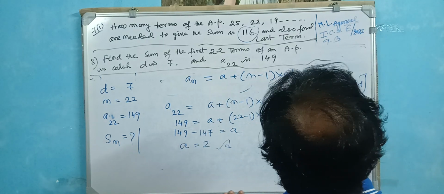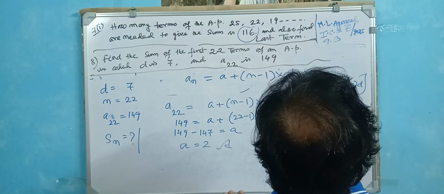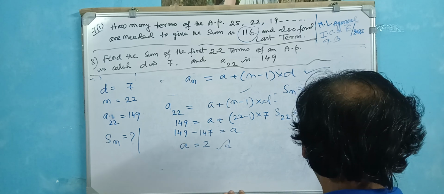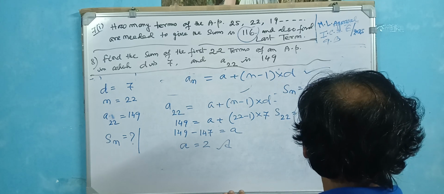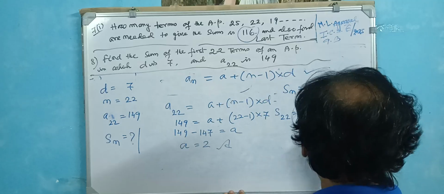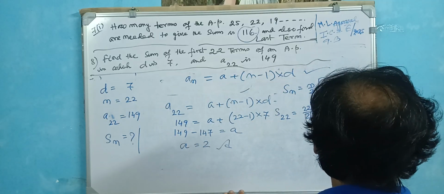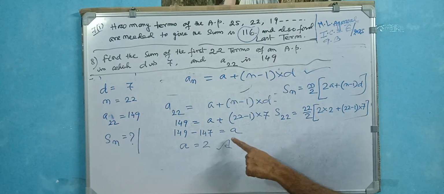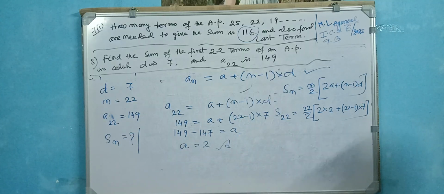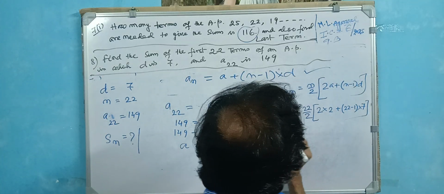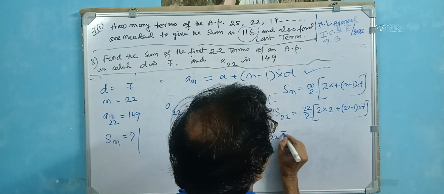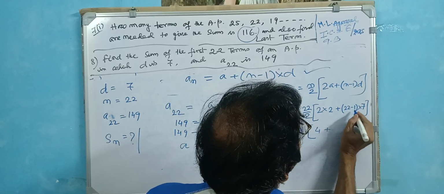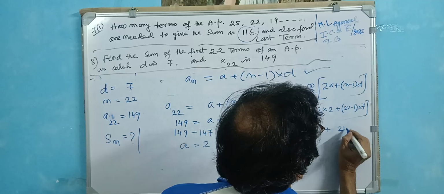The number of terms is 22, so 22 by 2 into (2 into 2, since a is 2, plus (n minus 1), which is 22 minus 1, into d, which is 7). Clear? From here you calculate a and put the value here. So S22 equals 11 into (4 plus 21 into 7).